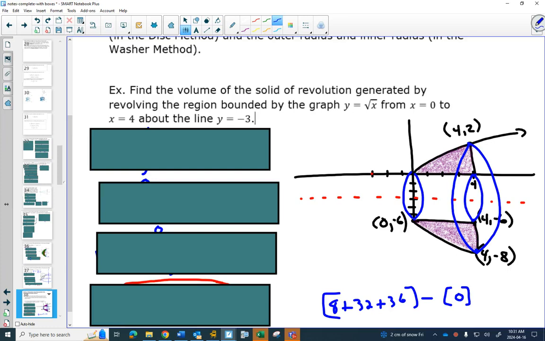If I color code this with the crayon so you really can see it, I'm going to shade in this washer in green. And the outside in blue.